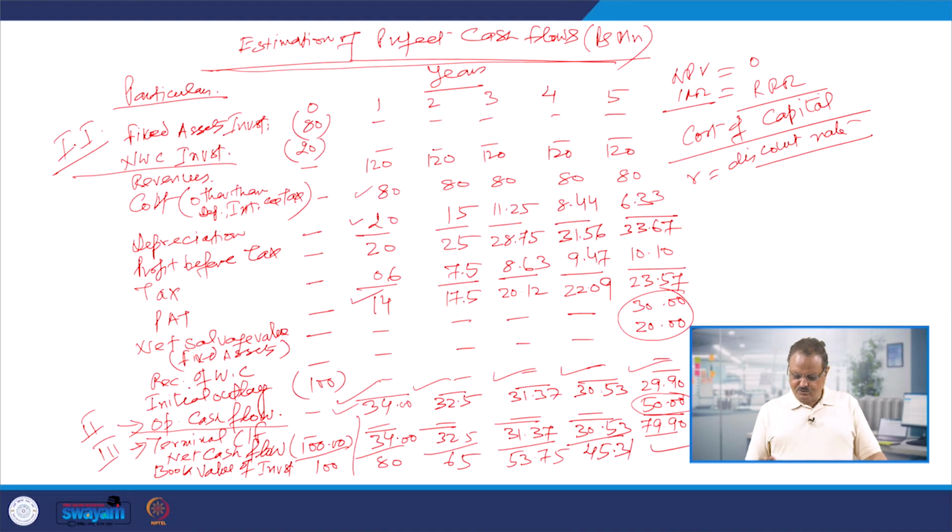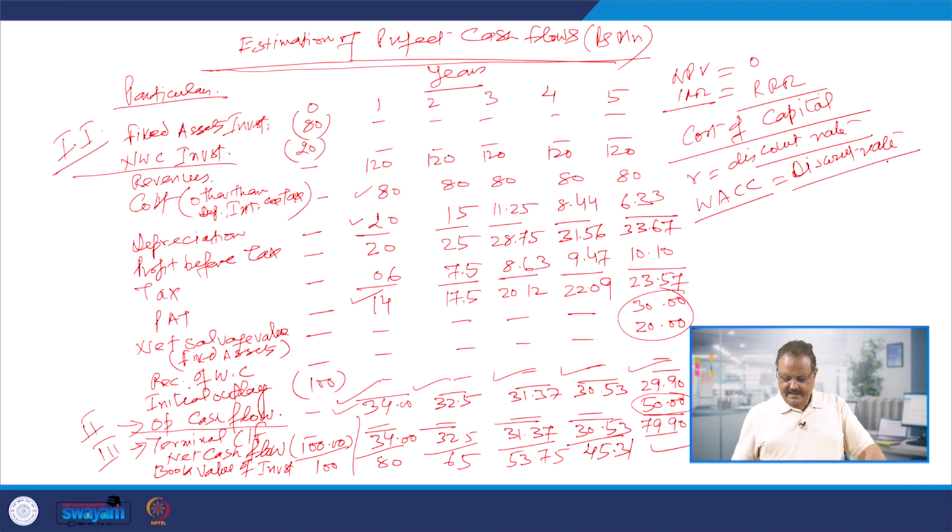And finally, we have to learn how we calculate the weighted average cost of capital, which becomes basically the discount rate. For the individual sources, debt, equity, and preference capital, we sum them up and calculate the weighted average cost of capital.